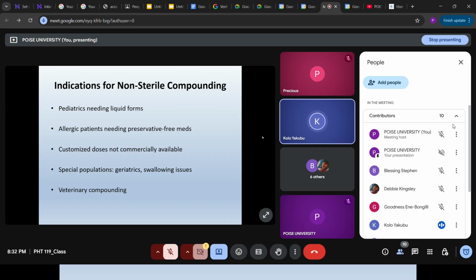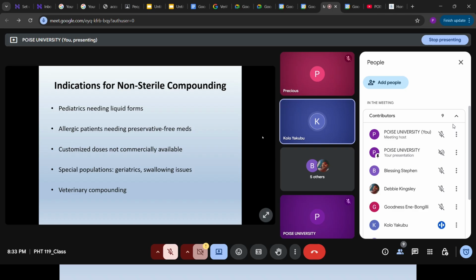So there are needs. Again, pediatrics, very little kids needing liquid forms of certain medications, for some of the reasons I've mentioned, you may have to compound them. It's a key skill that every pharmacy technician must have, and is also a requirement for every pharmacy tech graduate.